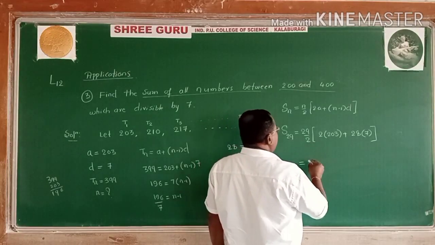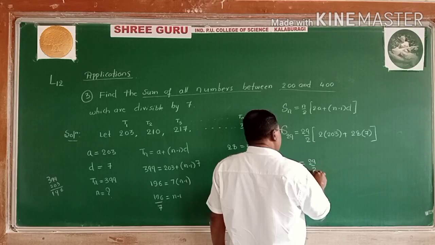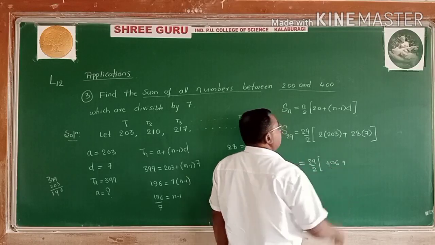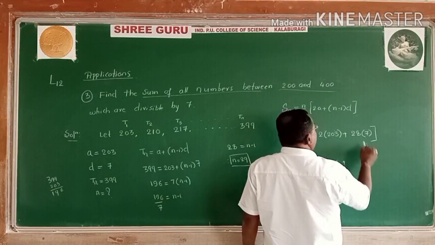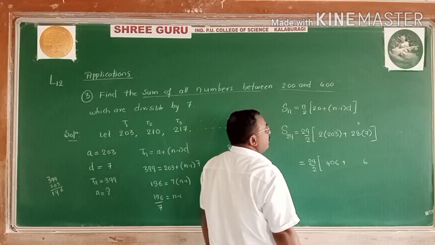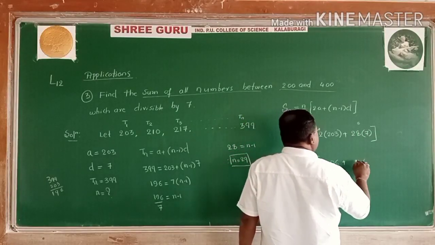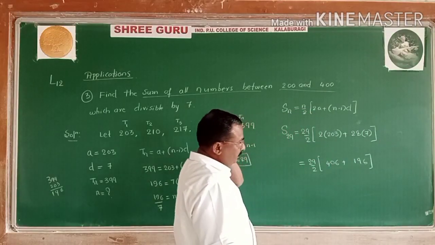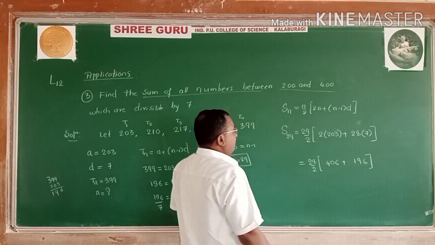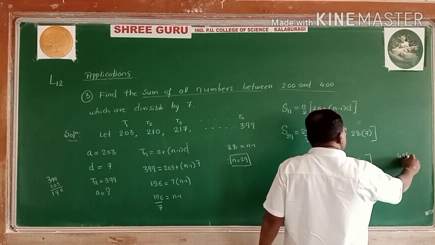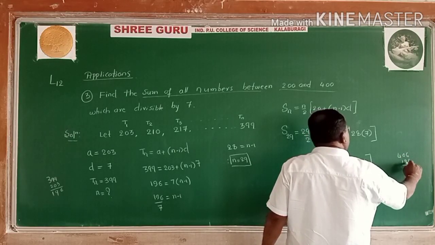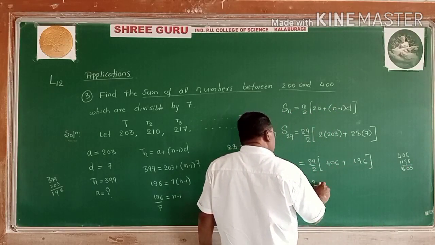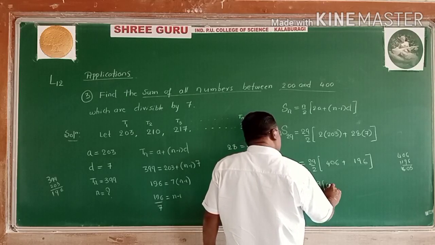If you simplify, 406 plus 196, that is 602... the result is 29 by 2 into 605.